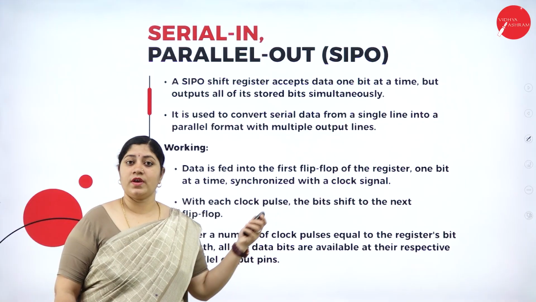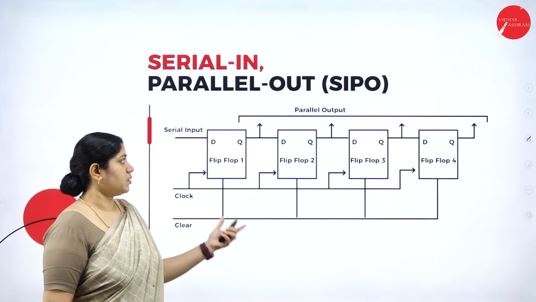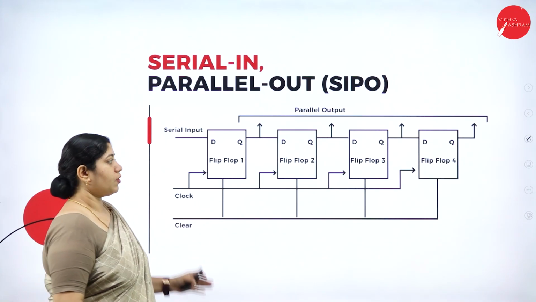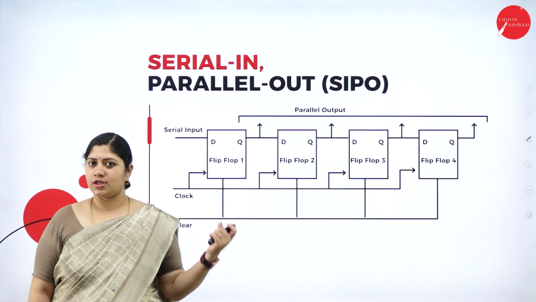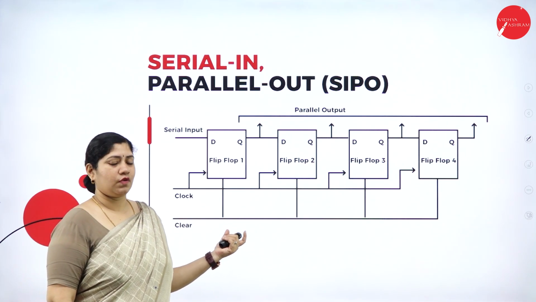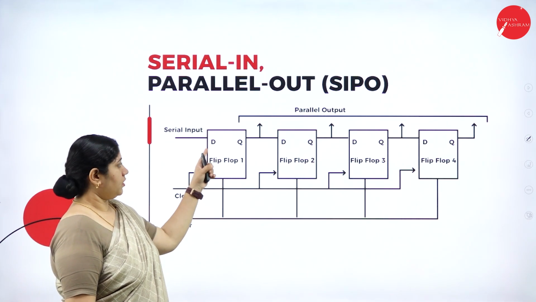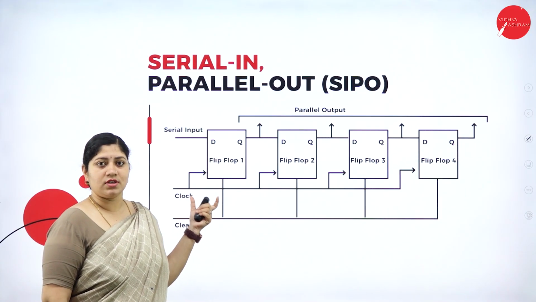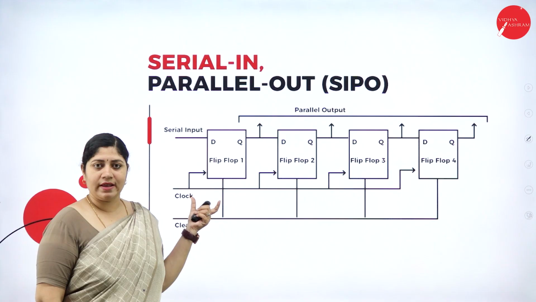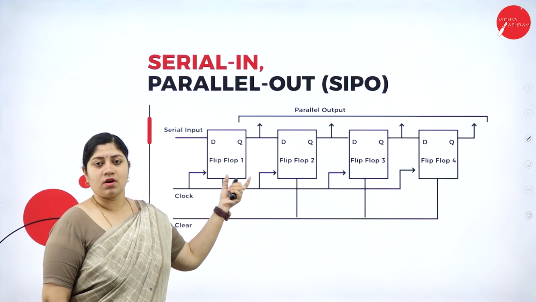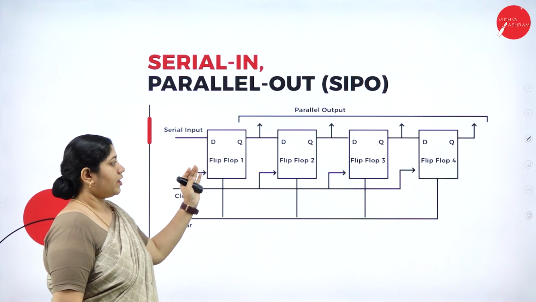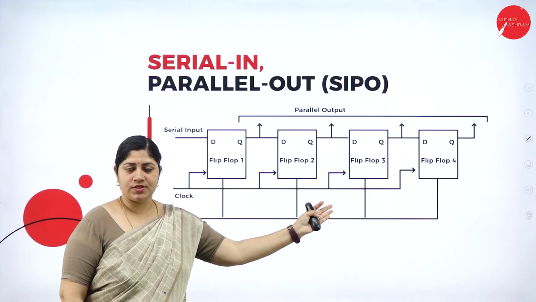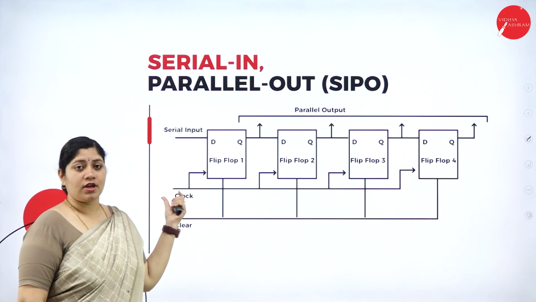Let's see the working of a SIPO by using a simple block diagram. Yes, this block diagram is constructed by using D flip-flops, and each D flip-flop has a data input line, that is the input, and as usual, as it is a flip-flop, a clock will be there. Along with that, you will have the output, that is Q. Alright, we have 4 stages here, and let's start with the input.